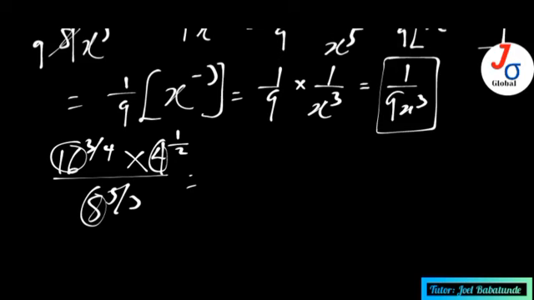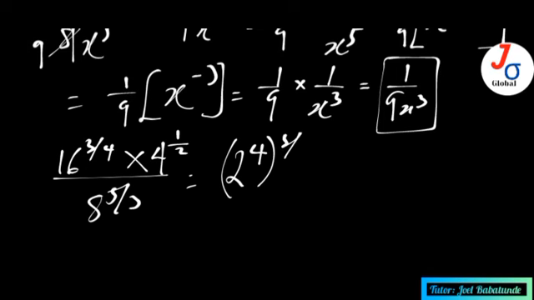2 raised to the power 4 is actually 16. 2 times 2, 4, 4 times 2, 8, 8 times 2, 16. Then raised to the power 3 over 4.